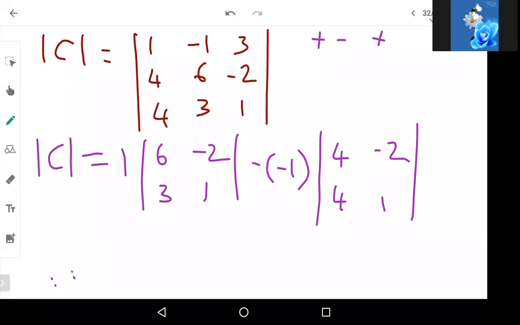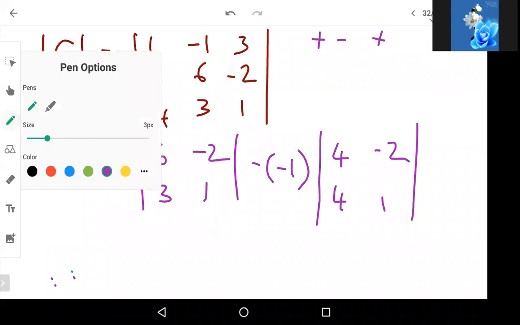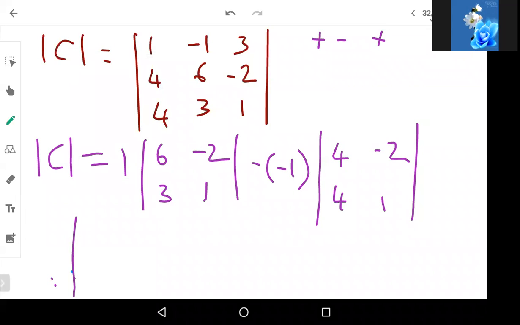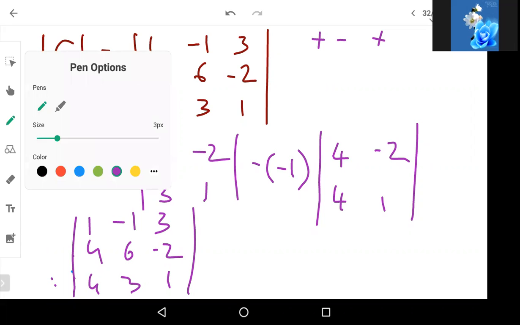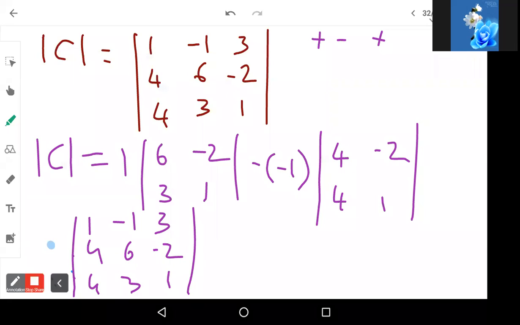Let us consider the last element. The last element is 3 in the first row. So 1 minus 1, 3, 4, 6 minus 2, 4, 3, 1. This is the determinant. Now we considered 1, we considered minus 1. Now we'll consider my 3.